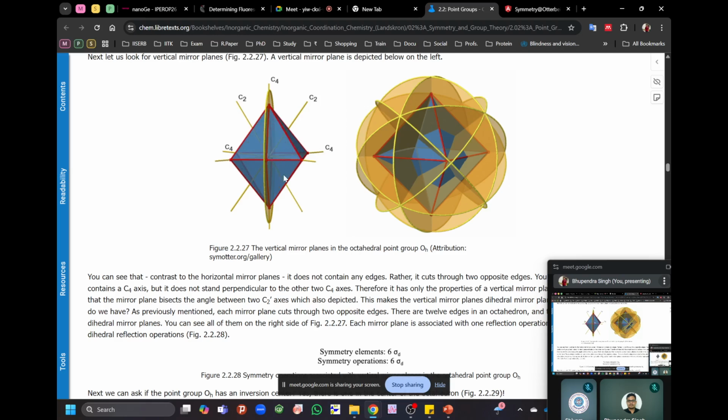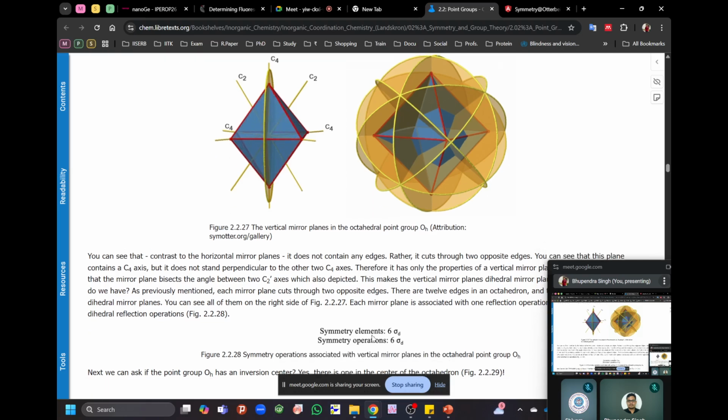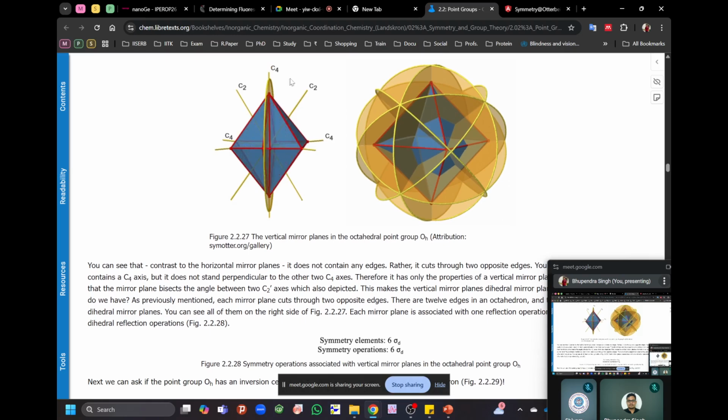So here, this is the plane which is not perpendicular to your principal axis of rotation. So these are your sigma d planes, because it is bisecting your C2 axis angle in two equal parts, and also it is bisecting the octahedron in two parts.